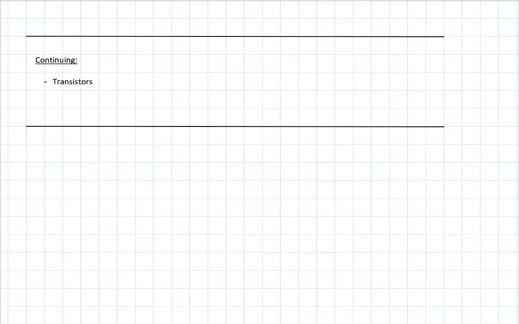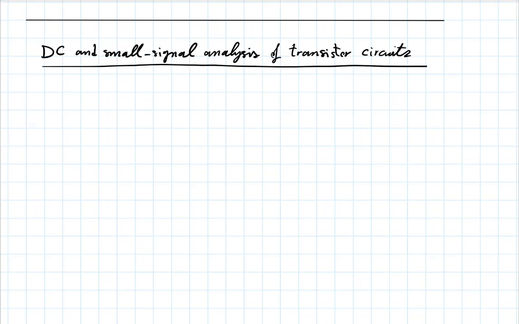Basically, I'd like to continue the discussion on small signal behavior now, and make sure that we are clear on the connection between DC and small signal. DC and small signal analysis and the connection between the two. And most of what we will discuss here is applicable equally to MOSFETs of either type and BJTs.